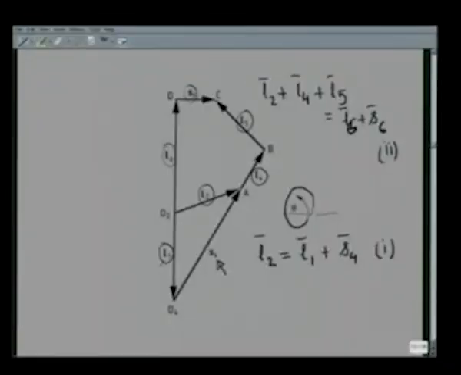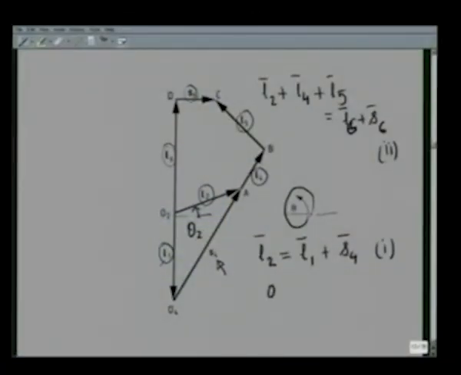What is prescribed to us are all the link length vectors, that is L1, L2, L4, L5 and L6, and the input angle theta 2, that is the angle that link 2 makes with a reference line, that is the x axis. These are given, and we have to find out the orientation of all other links and also the slider displacements, that is S4 and S6.